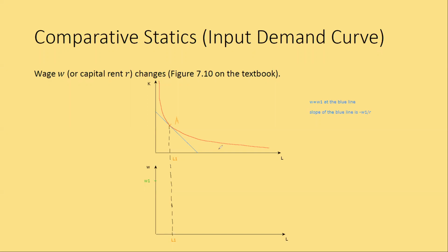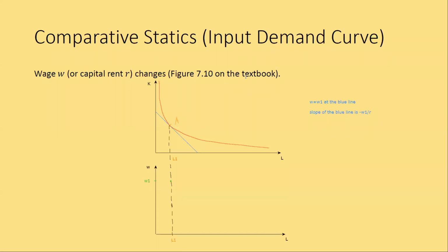All right, this is the level of W1. So for this value of W1 and holding the target level of output and capital rent R, we solve that the optimal point is point A. And we can draw a point on our second graph, which relates W to the amount of labor that we use. So we can draw a point over here.